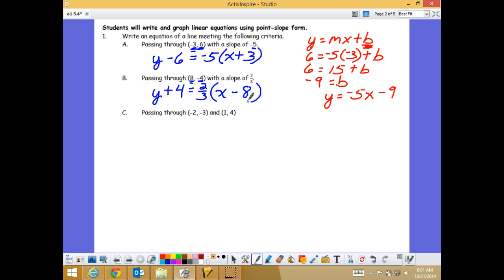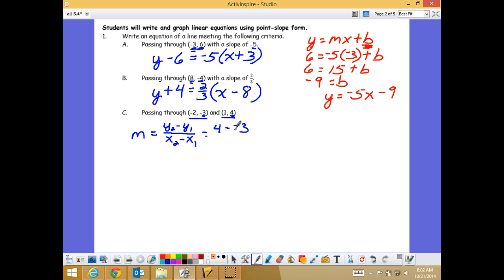And finally, for the third one, we are missing something. We are missing the slope. So in order to write it in point-slope form, we need to find the slope first using the slope formula. And again, just a reminder, to find the slope, it's change in y over change in x. So in this case, the two y coordinates are -3 and 4. And you can subtract them in any order you want.